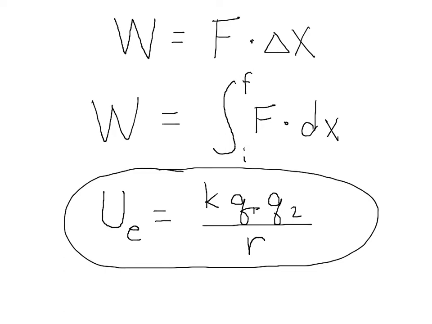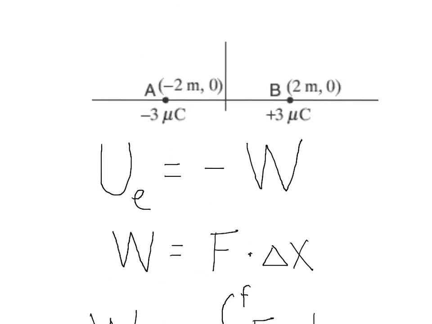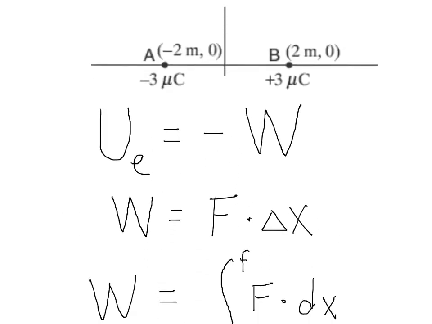Just looking at this situation here, one of our charges has a negative sign on it, the negative 3 microcoulombs. The R would be the 4 meters of separation. So in this case, plugging those values into the potential energy equation is going to give us a negative value. Now, does it make sense that it's a negative value? Well, I'm going to go back to what I said a few minutes ago.